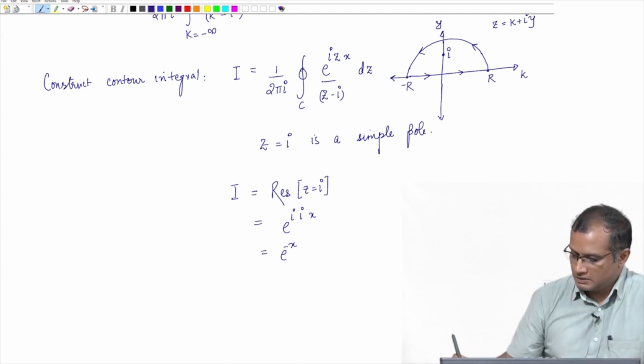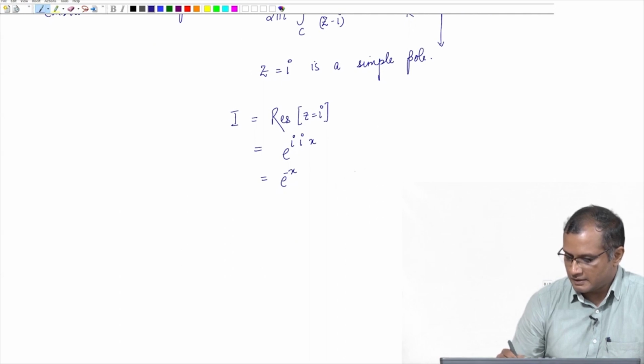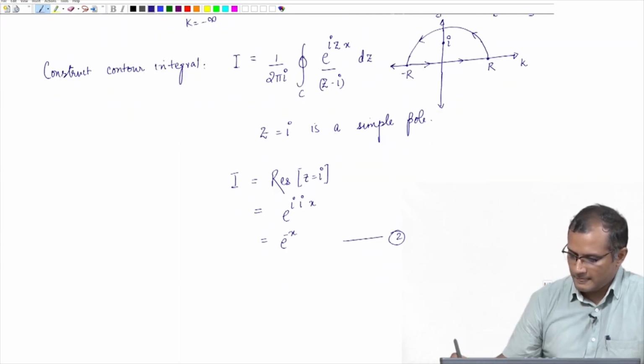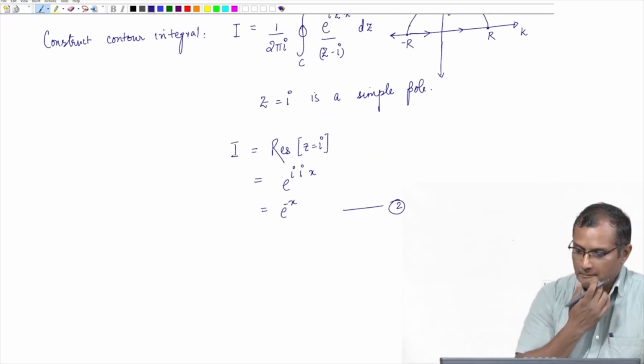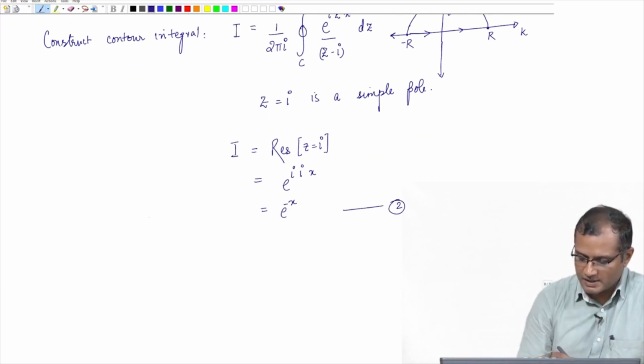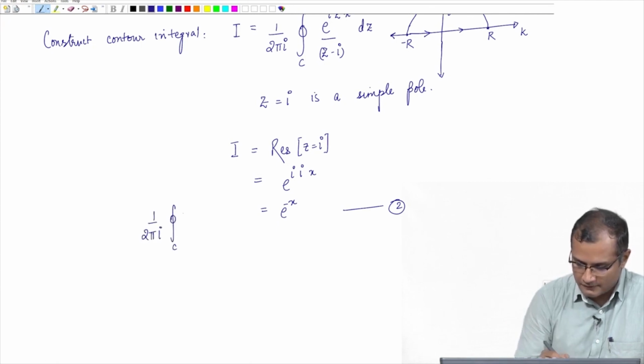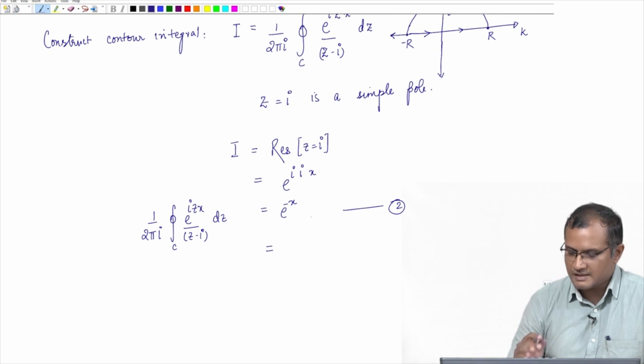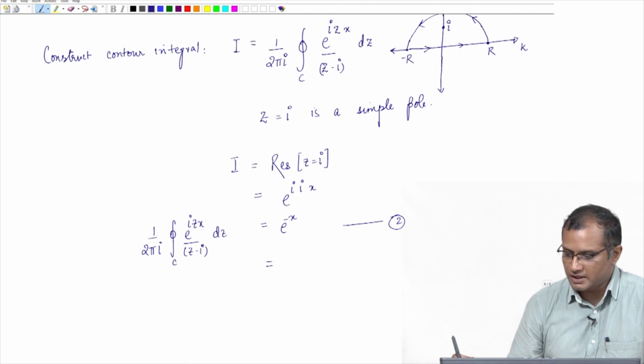So, this is my integral I. Now, I can also write down my integral I. So, this I is nothing but 1 upon 2 pi i contour integral of e raised to i z x over z minus i dz. I can also write down the left hand side as a sum of the straight line segment and the semicircular segment on the contour.